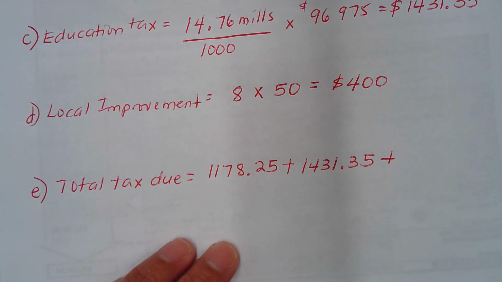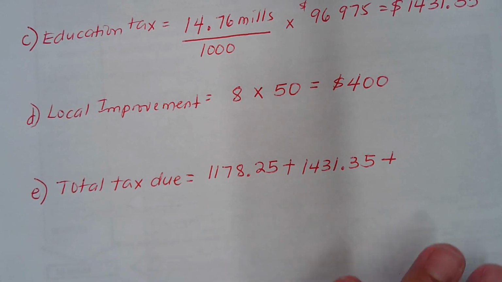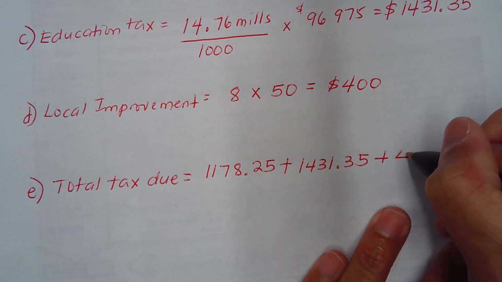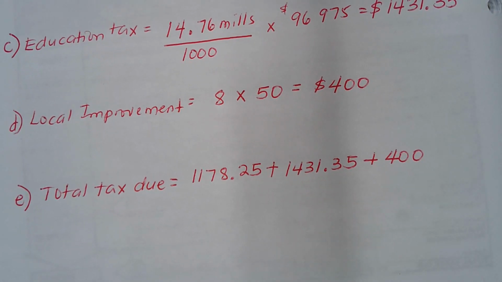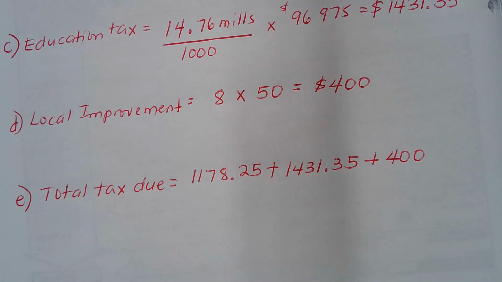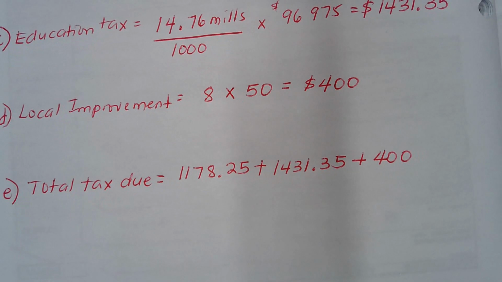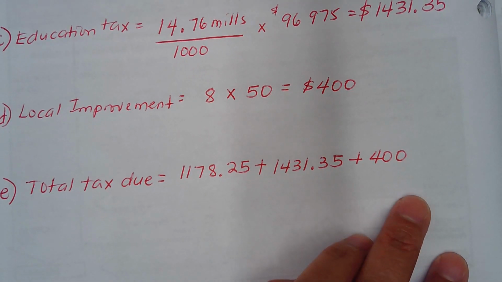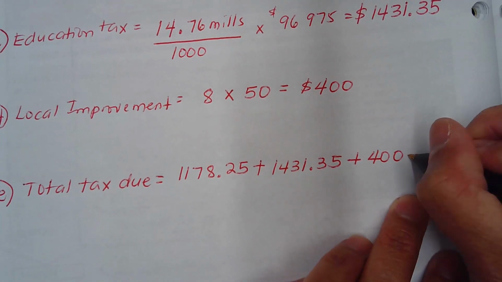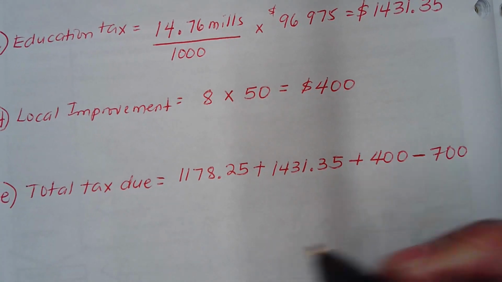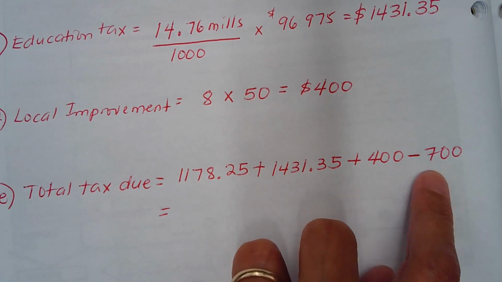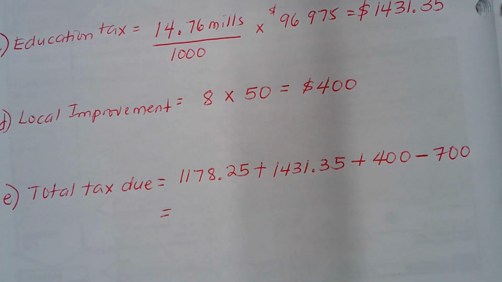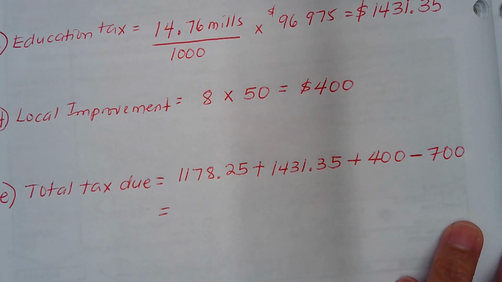Plus any local improvement that we have to pay for, so that's an extra $400. And then there's a discount, free money from the Manitoba provincial government, of $700. They'll just take it off your property tax. So minus the $700. So you have everything: municipal, education, local improvement, and you get a little bit of a discount there. Okay, so let's go ahead and calculate all that.